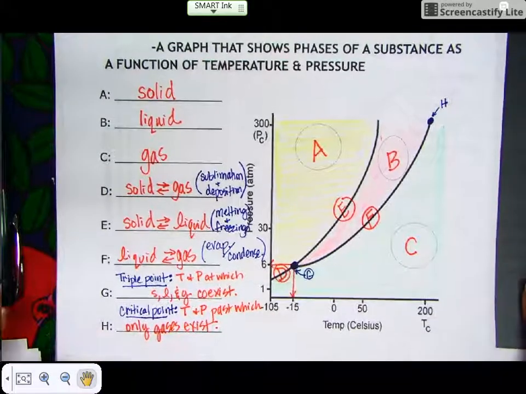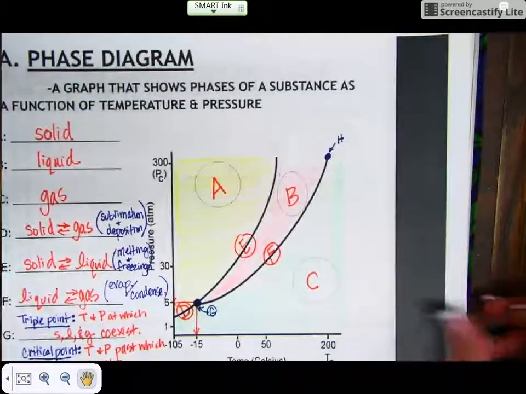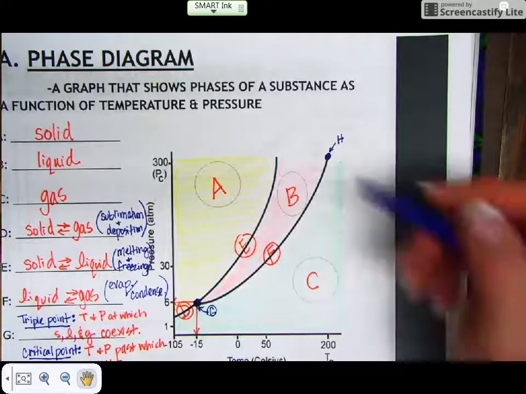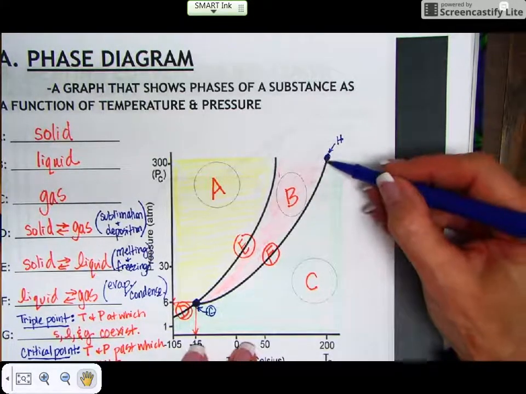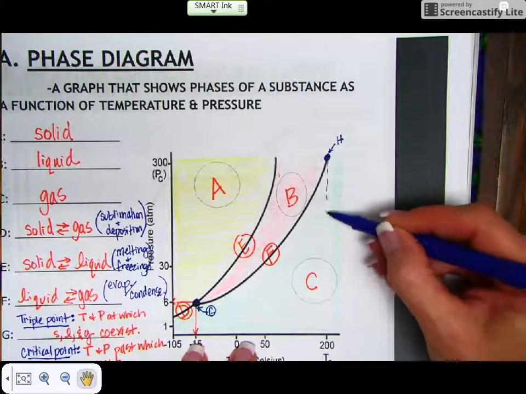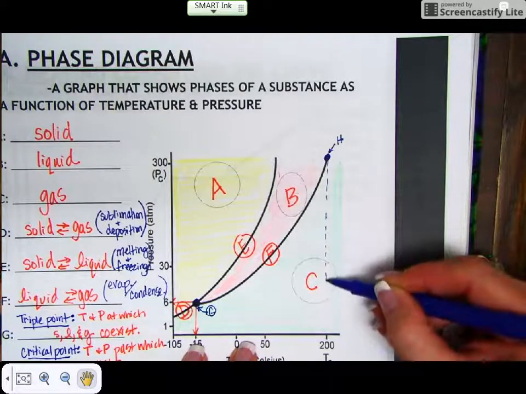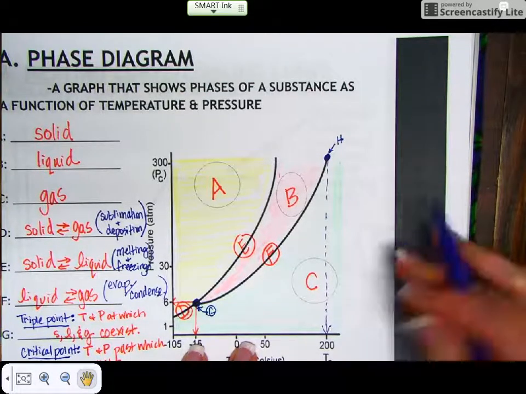So on any phase diagram, if you take a look at where the critical point is, and if you were to kind of read down to the corresponding temperature, I'm kind of freehanding this.